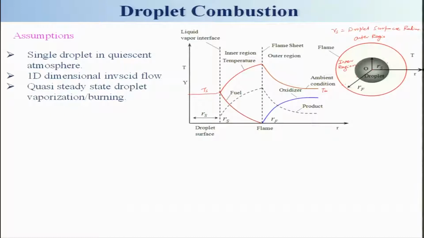Keep in mind that the movement of this vapor depends upon whether it is steady state or not. The density of the fuel, rho f, will be far greater than the density of the vapor or gas.